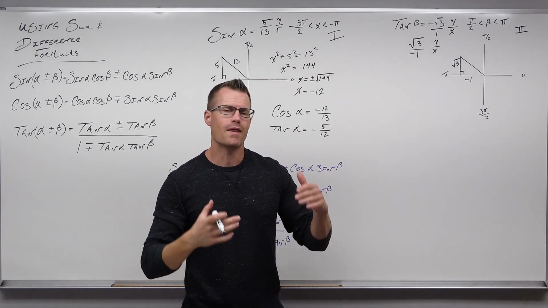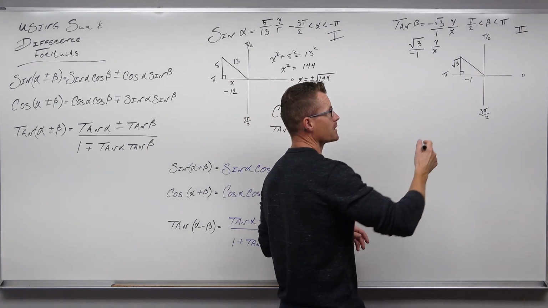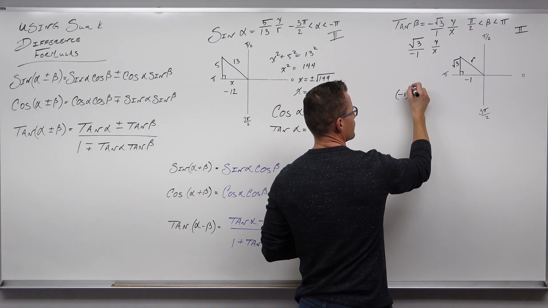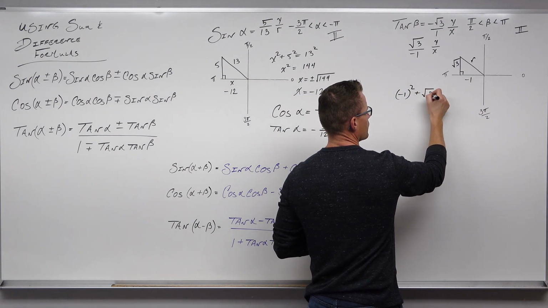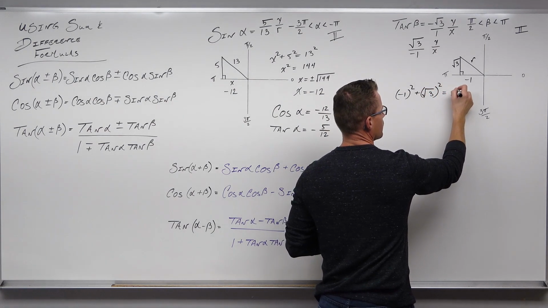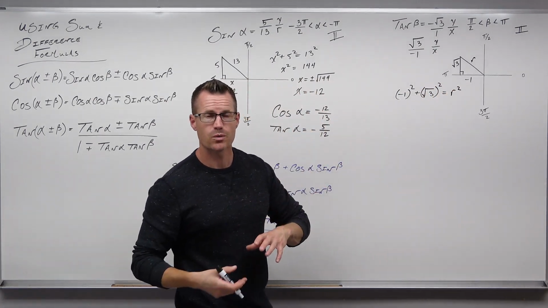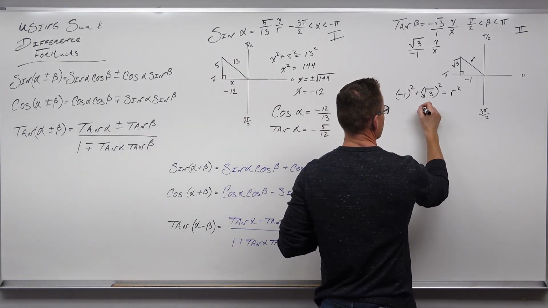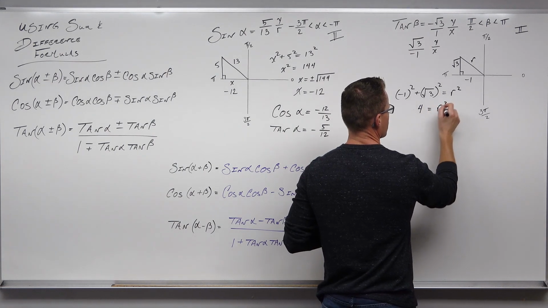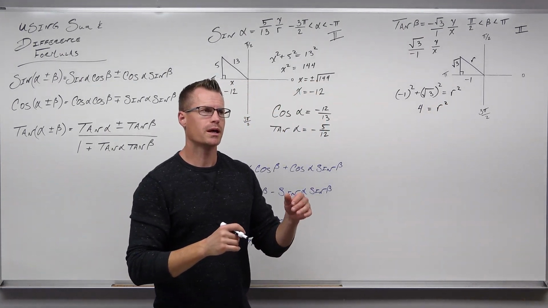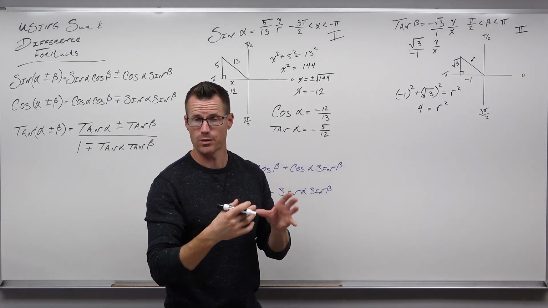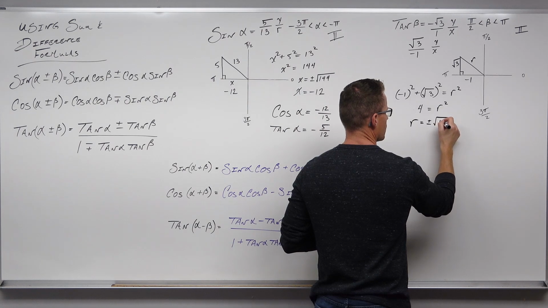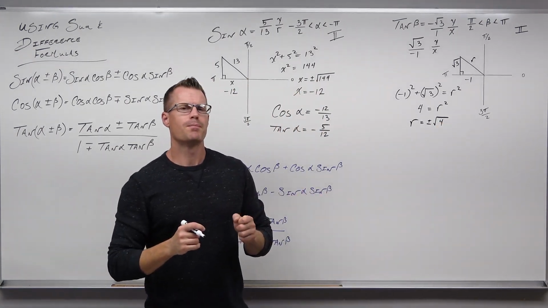Now we can find r, and that's going to allow us to find sine and cosine of beta. So when we take negative 1 squared, we're going to get 1. Square root of 3 squared gives us 3. And when we take a square root, we're going to get r equals plus or minus the square root of 4. Which one do we take?